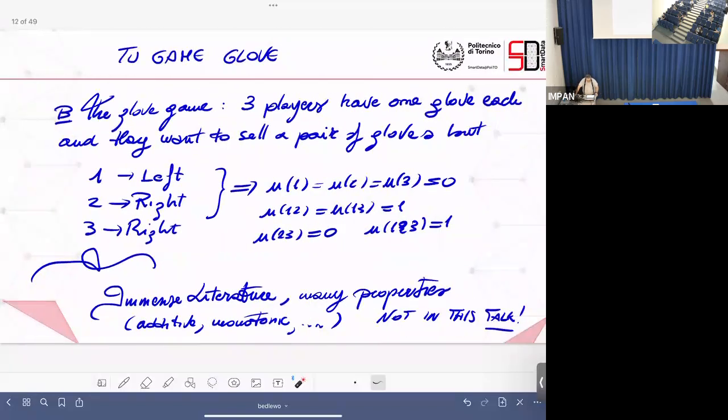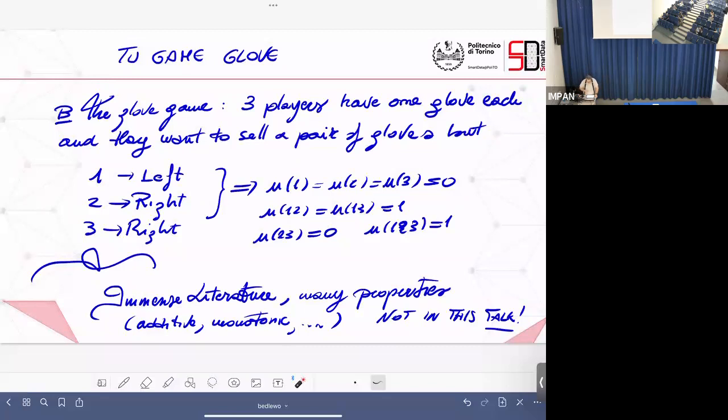This is very famous, practically the first example in every game theory book, the glove game. So there are 3 guys, one has a left glove and the other 2 have a right glove. They want to sell the gloves, but they need to have a pair. So if they don't put together, they don't gain anything. And this is the form, okay?